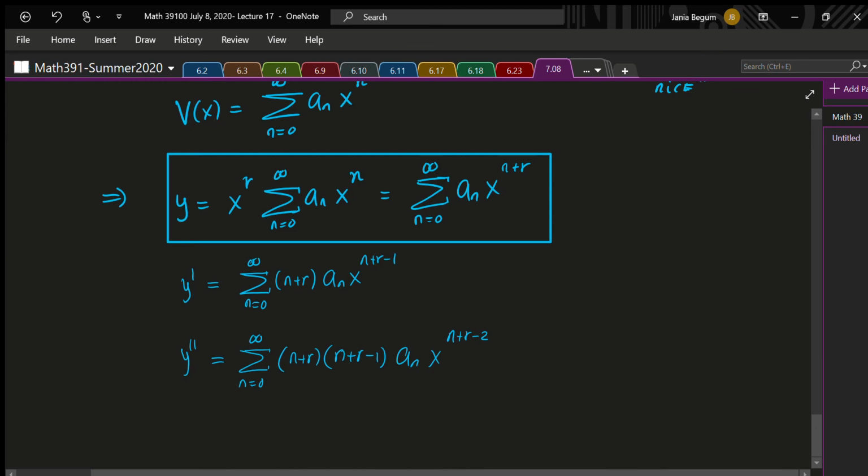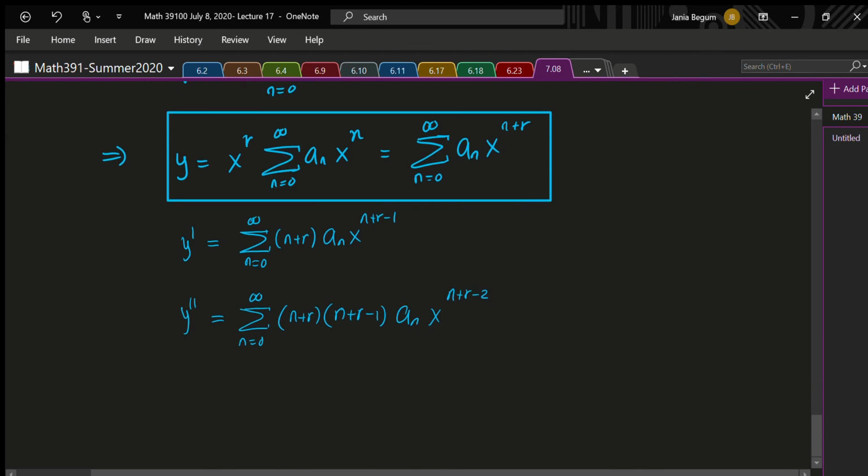So in this section, every question will ask you to show that x naught is a regular singular point. So you would show x naught equals 0 is a regular singular point by computing limits.